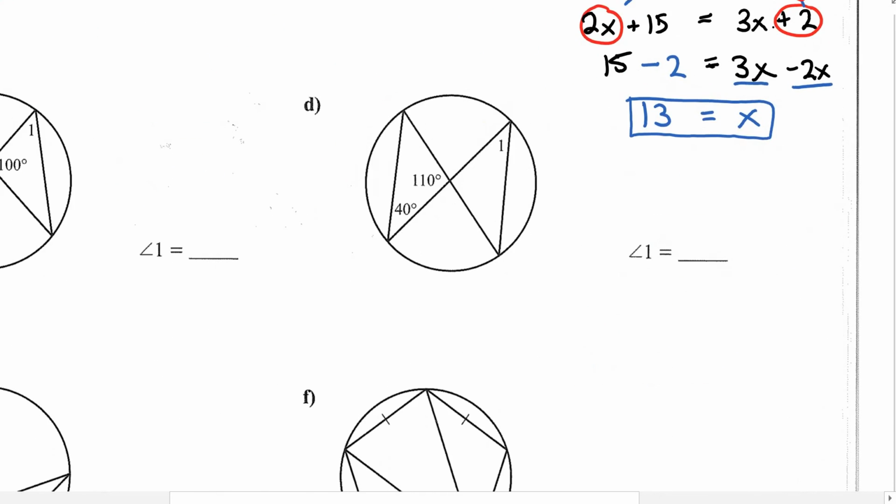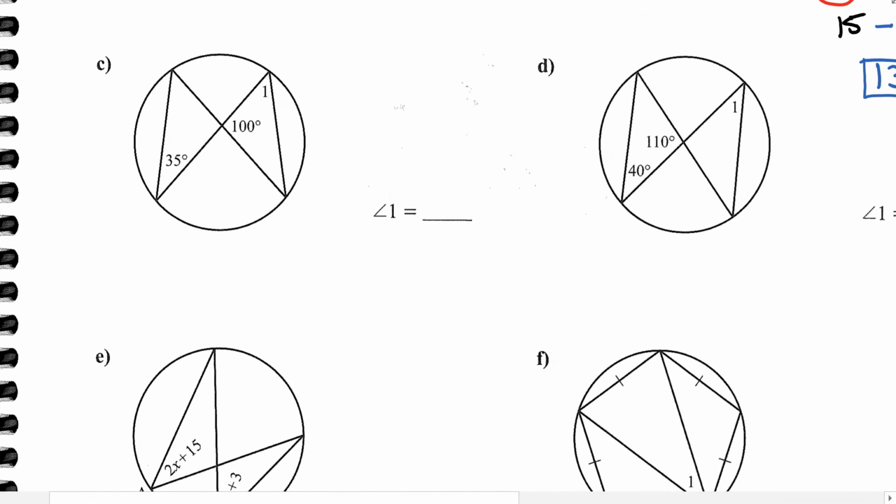Okay, let's move on to another angle question, letter C. For letter C, I have an inscribed angle right here in green. If I follow the inscribed angle, it opens to this arc right here. And over here, this blue inscribed angle, if I follow its sides, also opens to the same arc.